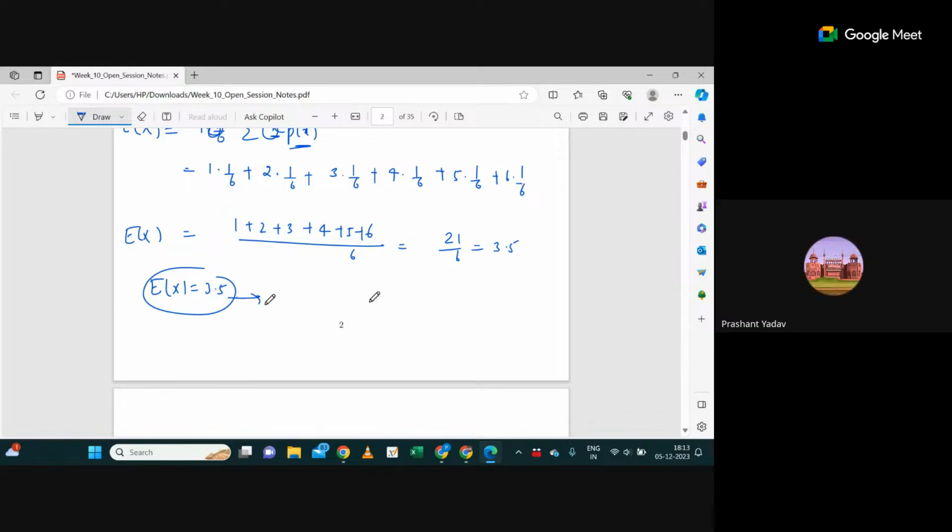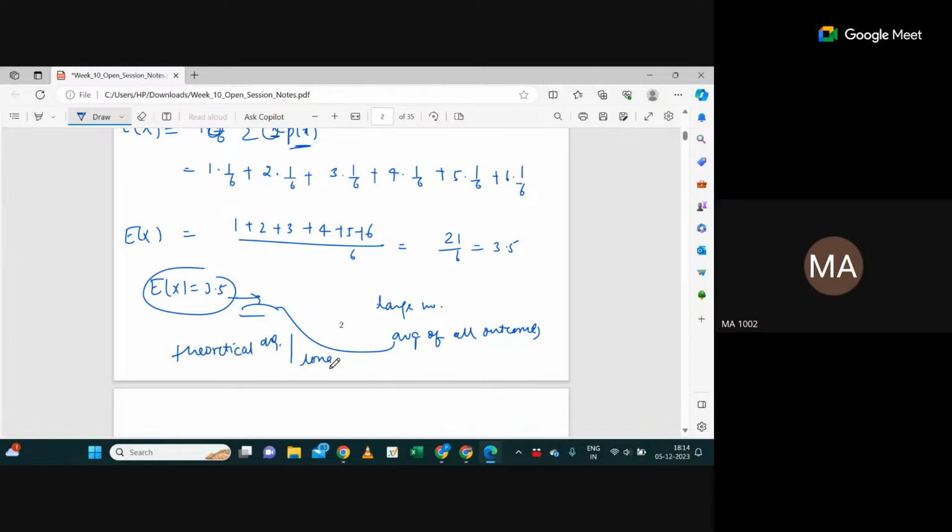It means suppose you are going to roll the die a large number of times. Then you can expect the average of all the outcomes to be 3.5. So that's why it's called the theoretical average or long run average.